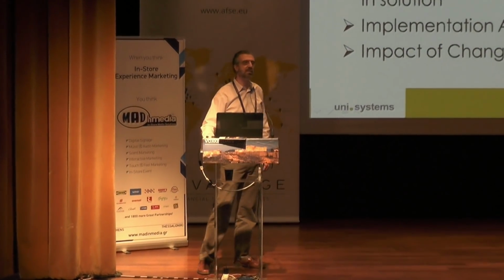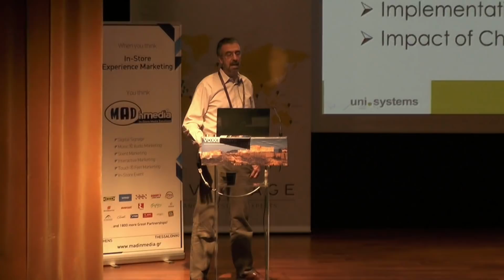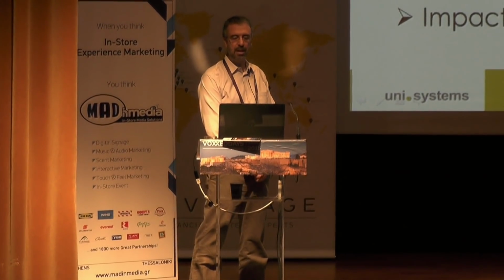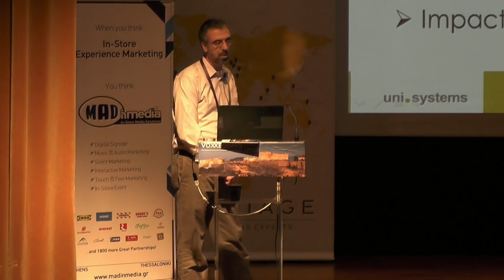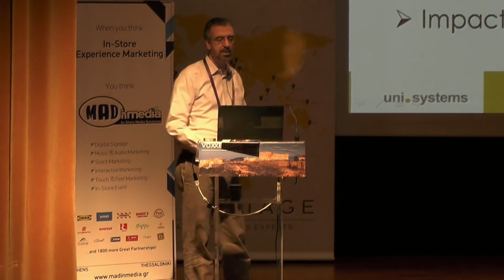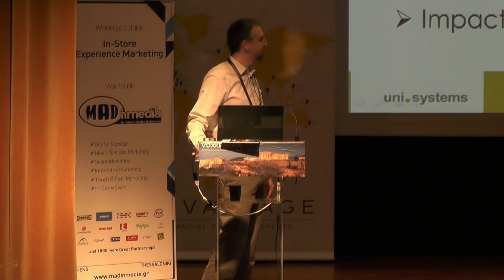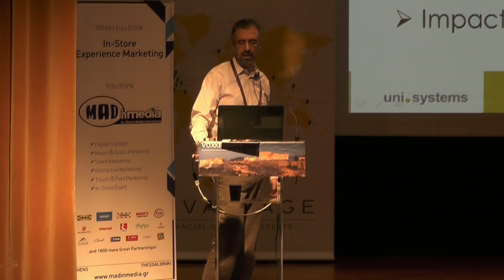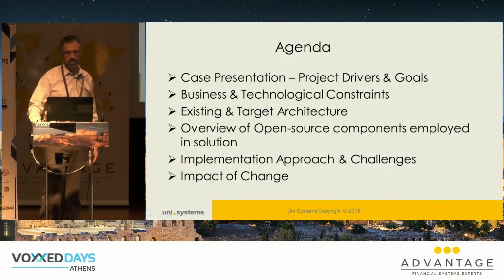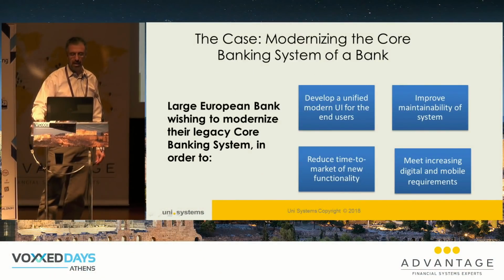We're going to present both the existing architecture and the target architecture of the bank. We're going to be looking at the open source components that were employed in our solution, discuss a little bit the implementation approach and the challenges, and finally look at the impact of the changes caused by the introduction of the open source technology.